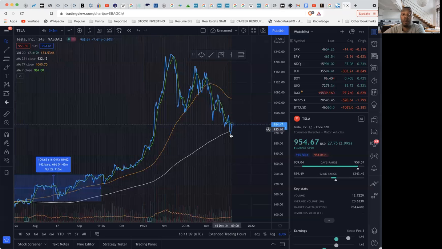And if it drops below both the gold and the white, then that usually means quicksand. It's going to start dropping a lot, and you really want to get out. I normally would get out when it drops below the gold line and then wait for it to come back. But if it drops beneath both the gold and the white line, you know the stock is about to drop considerably most of the time.